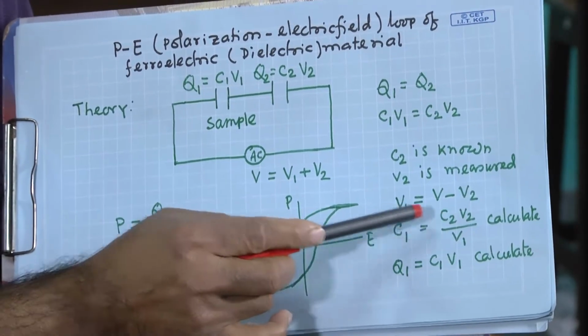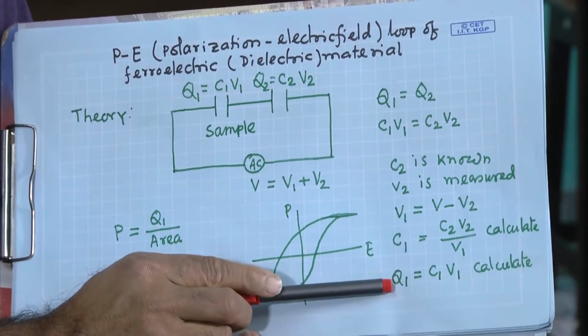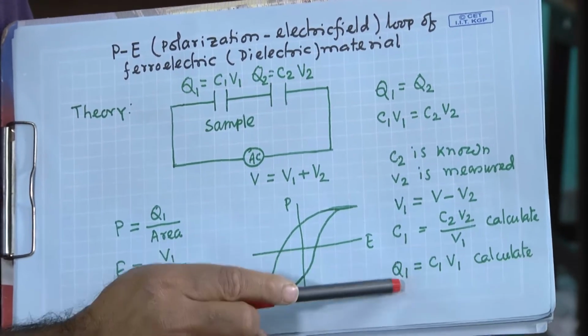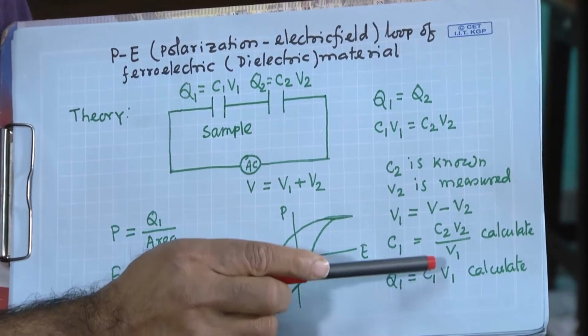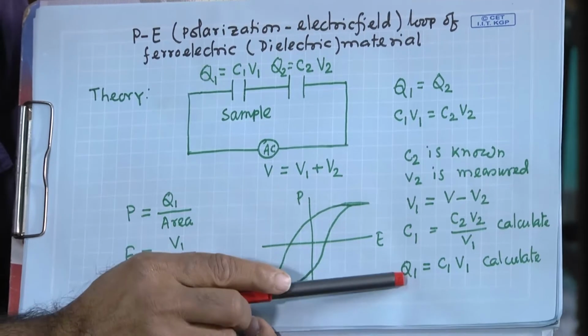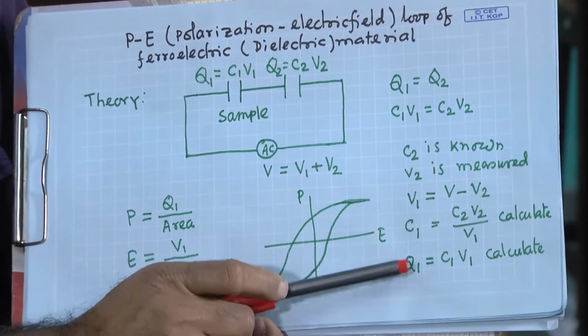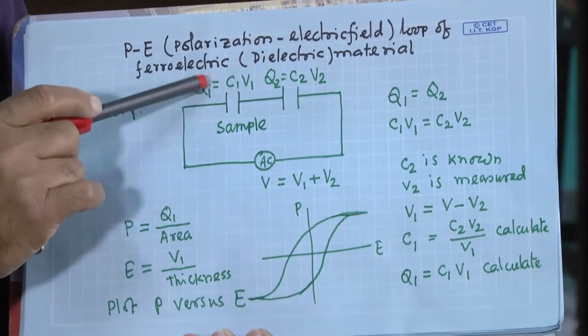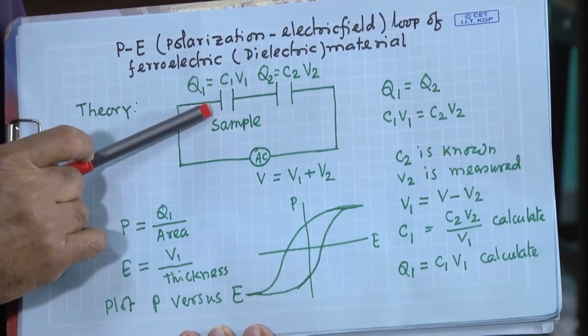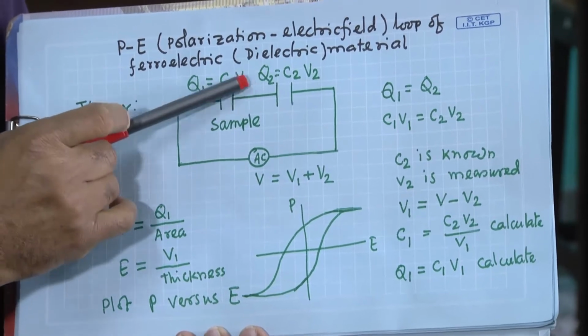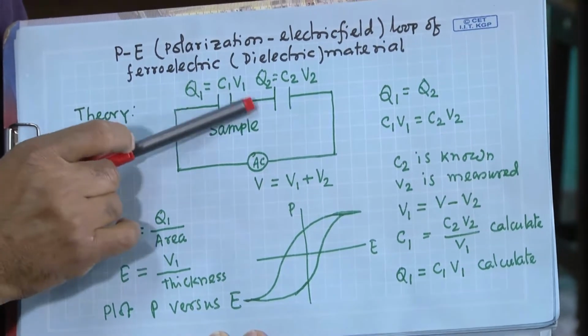Then, knowing C1 and V1, Q1 can be calculated as C1 V1. Q1 is the charge stored in our sample capacitor, and V1 is the voltage across this capacitor.